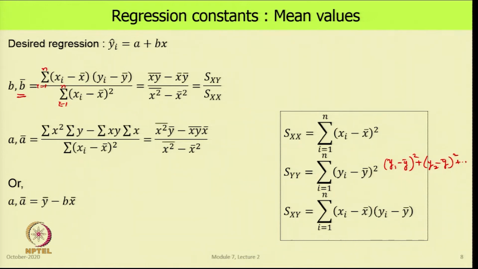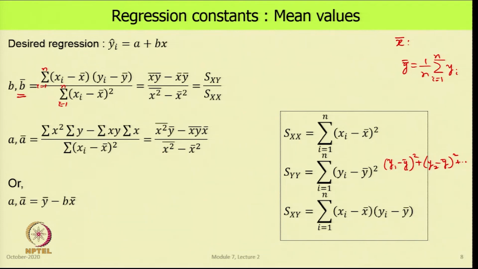Where did we get the y bar? Y bar was nothing but 1 upon n summation of y i, i equal to 1 to n, a simple arithmetic mean of all the y values. X bar is the mean of all the x values.